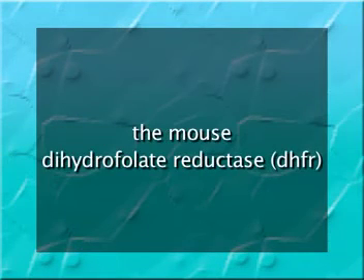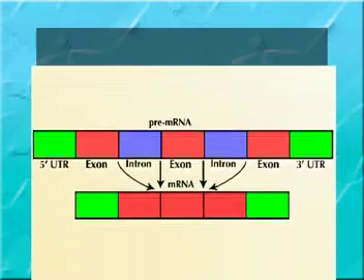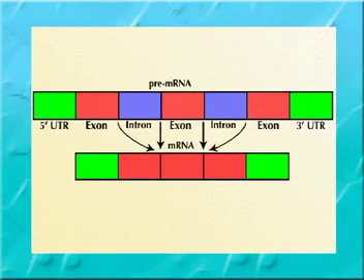For example, the mouse dihydrofolate reductase DHFR gene is 8.1 kb while the mRNA is only 1.6 kb and the coding region is only 558 nucleotides. A number of genes in yeast are continuous and do not have introns. In the majority of mammalian genes, the introns occupy more space than the exons.